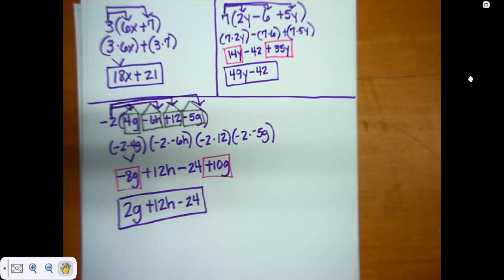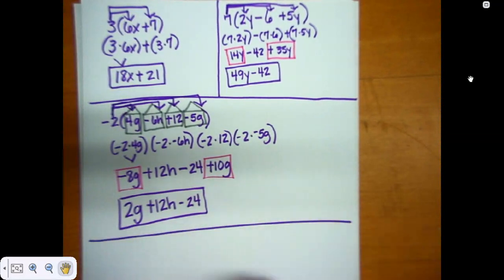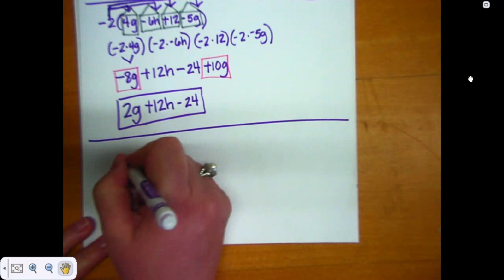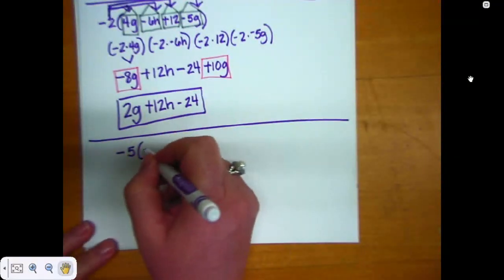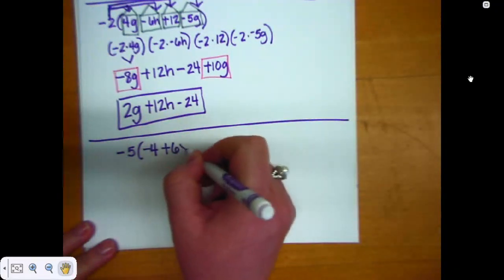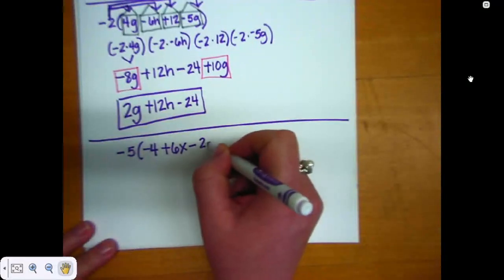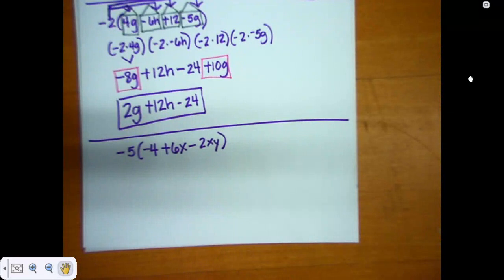Let's try another one, with a negative on the outside. So let's do negative 5 times negative 4 plus 6x minus 2xy. Okay, let's distribute this.